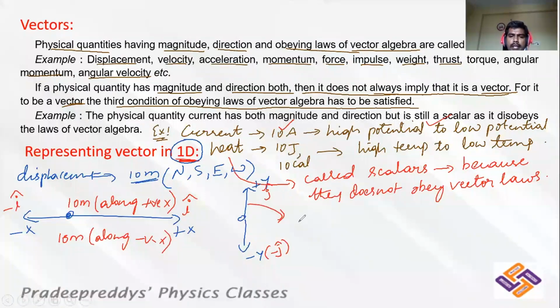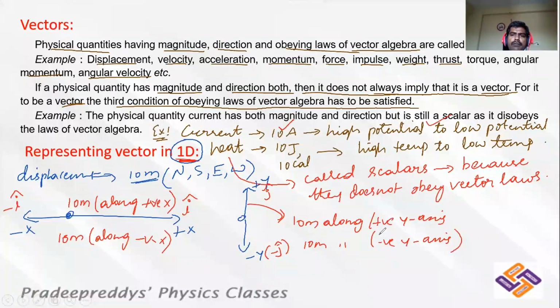Similarly, 10 meter along positive y-axis, or 10 meter along negative y-axis. This is how you can represent a vector in one dimension.